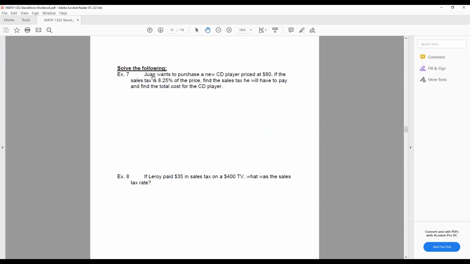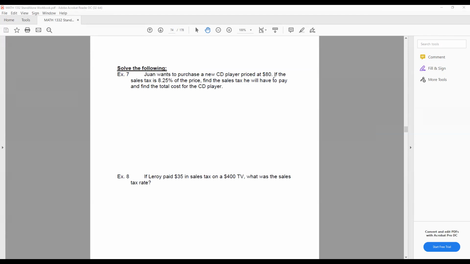Number 7. Juan wants to purchase a new CD player, priced at $80. People still buy CD players? If the sales tax is 8.25% of the price, find the sales tax he will have to pay and find the total cost.